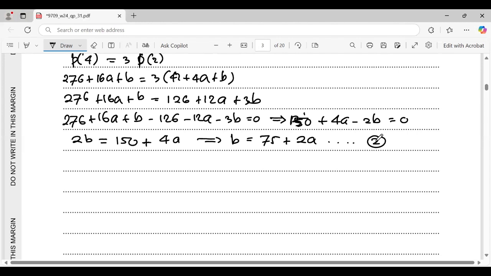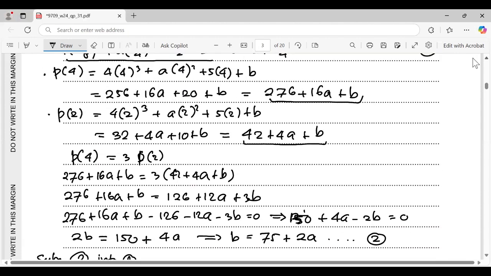Now substitute the second equation into the first equation. It becomes a quarter plus 75 plus 2a minus 3 equals 0.